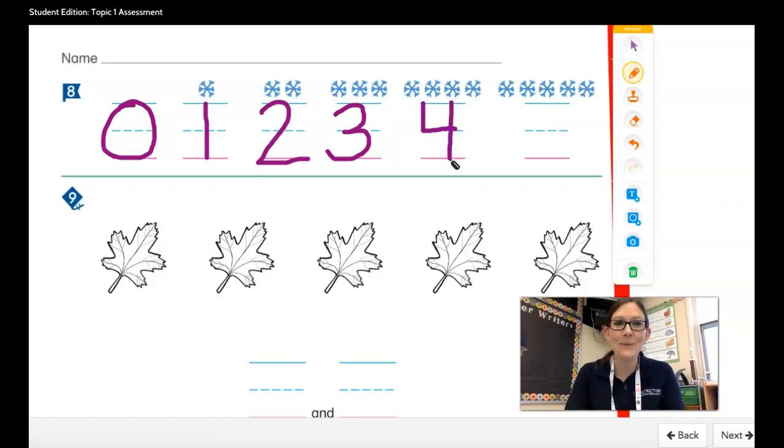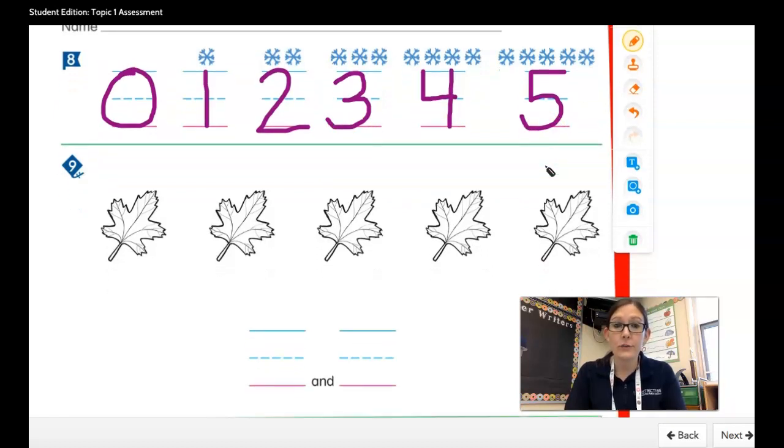That's the way we make a 4. Next is 5. Go across, take a dive, around the bend, and that's a 5. Let's see, did we get the numbers in order? 0, 1, 2, 3, 4, 5. Awesome job.